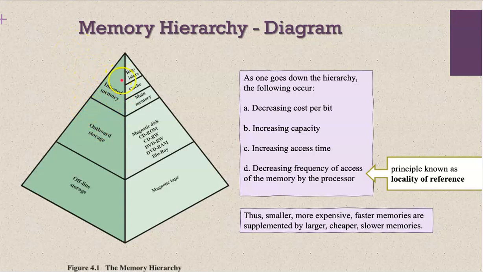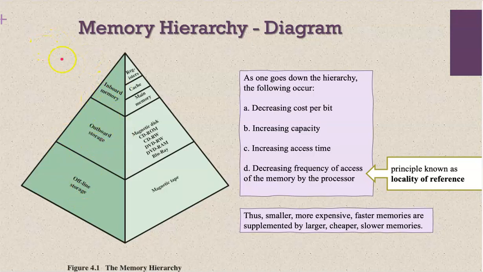So compared to the outboard storage, the inboard memory will have a higher frequency of interaction with the processor. And then if the outboard storage does not have the data that the inboard memory or the CPU is asking for, then the outboard storage would go to the offline storage and see if that is in the offline storage.